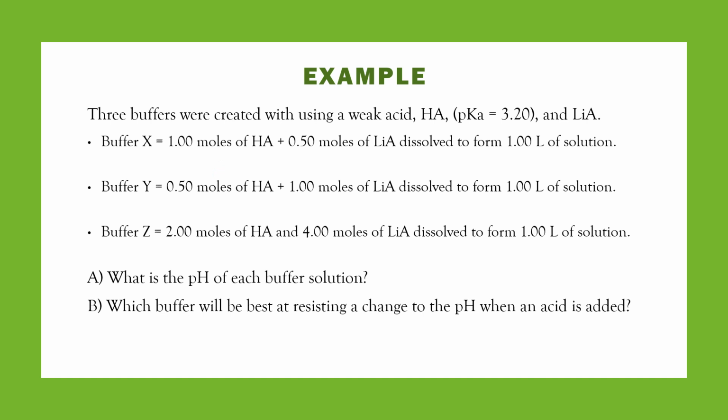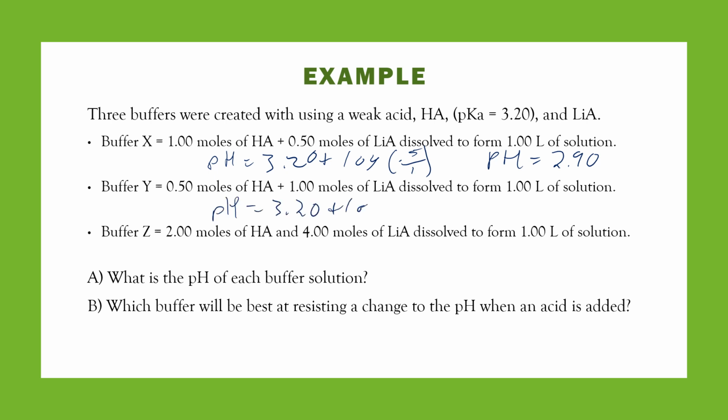pH equals pKa plus the log of the base over the acid. So 3.2 plus the log of the base over the acid. So we know the pH here is 2.90. For the second one, pH equals 3.20 plus the log of the base, which is 1, over the acid, which is 0.5, and the pH is 3.50.